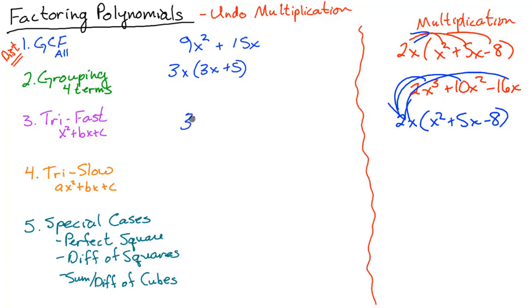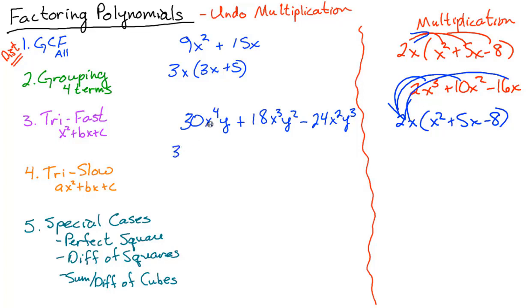How about 30x to the 4th y plus 18x cubed y squared minus 24x squared y cubed. Ooh, that's a huge one. Well, if we look at this, some of you might be able to say, hey, I can see a 3 in each of those.